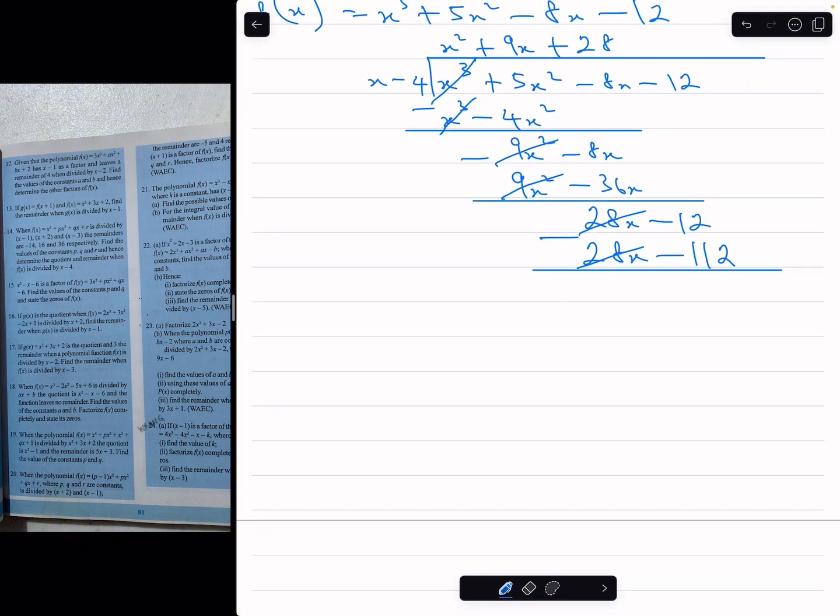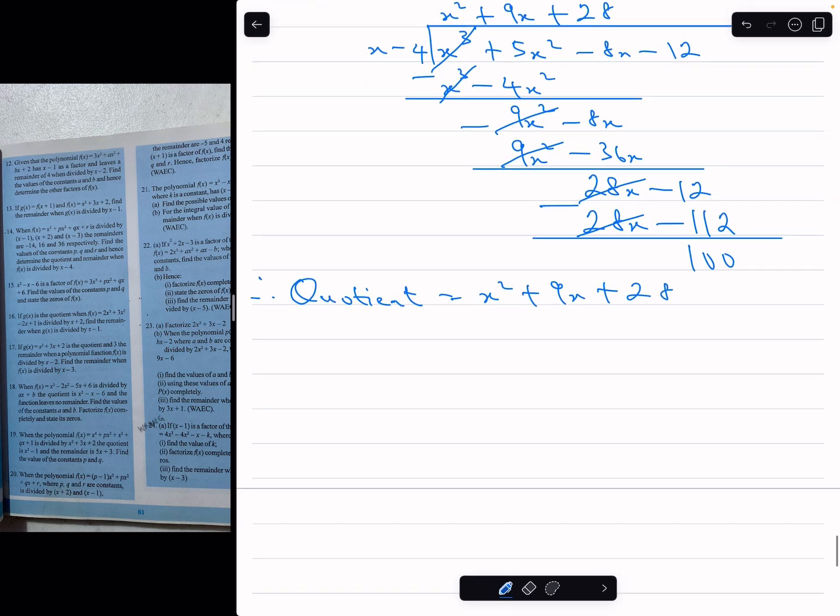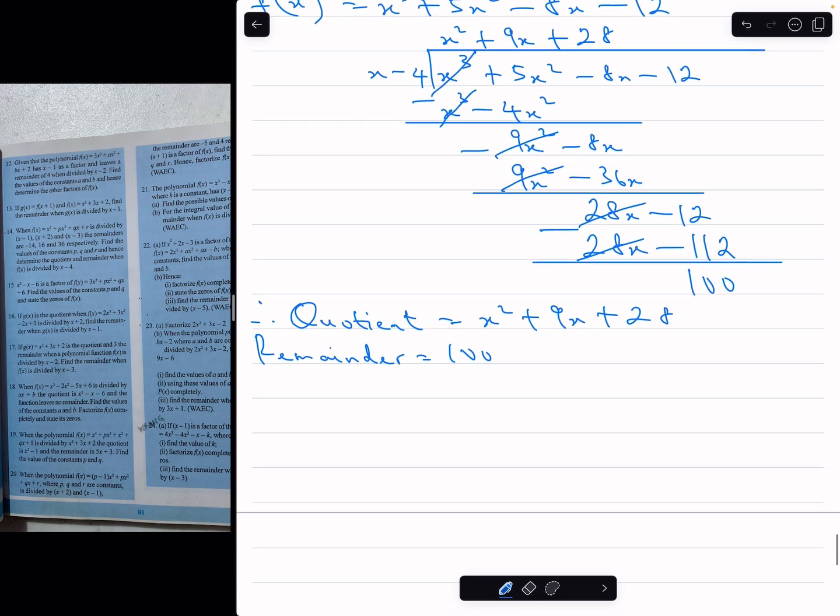Minus 12 minus 112, that's minus 100... So the quotient is x squared plus 9x plus 28, and the remainder is 100. And that's it, very, very simply.